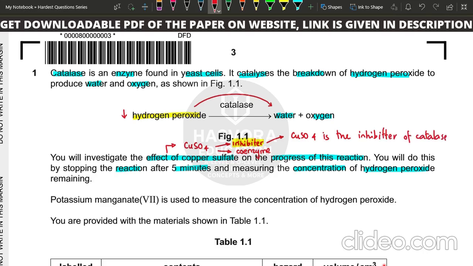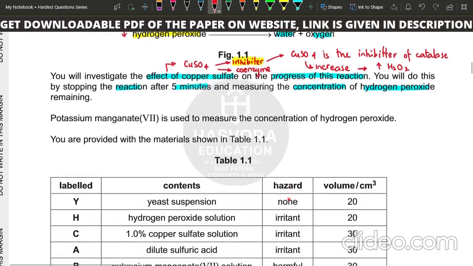If I increase the concentration of the copper sulfate, the hydrogen peroxide concentration, H2O2, will also increase. Why? Because it is inhibiting the catalase, and that will reduce the activity of the enzyme, so the reactant will not be converted into the products. I just told you this because I will not be doing the experiment.